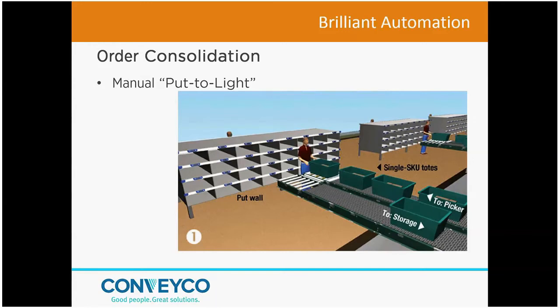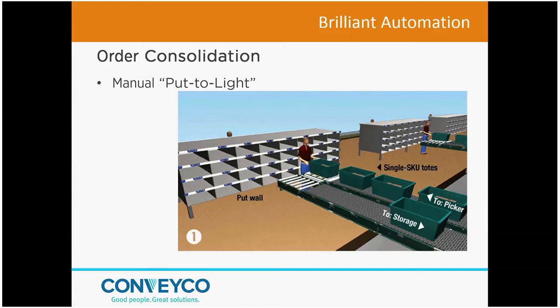Order consolidation. So we're talking about technologies, and a unit sorter, a tilt tray, a cross belt that's sorting individual units to discrete orders is essentially the automation of what people refer to as put to light or put walls. And that's where the order resides in the storage unit, and the SKUs are brought to the operator one at a time.